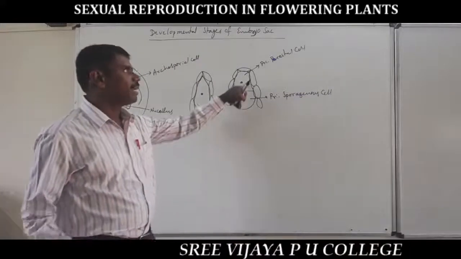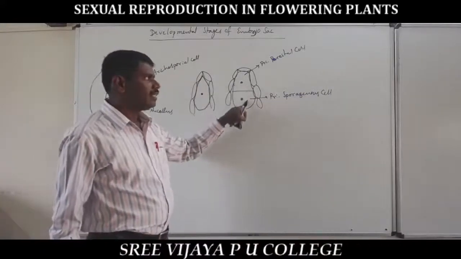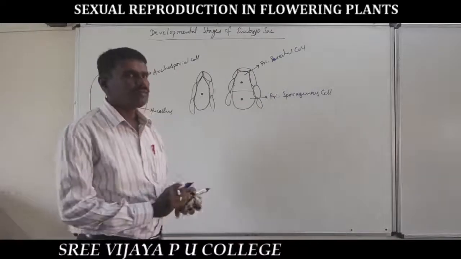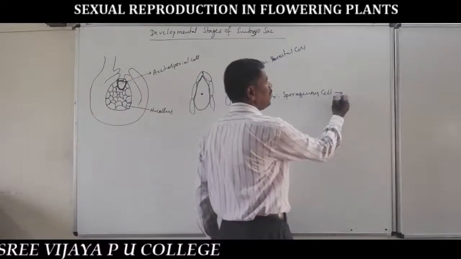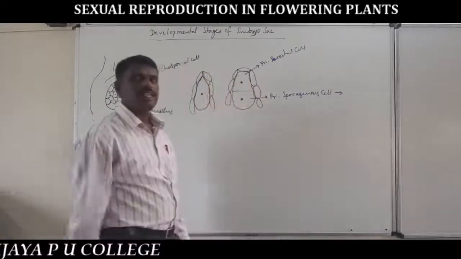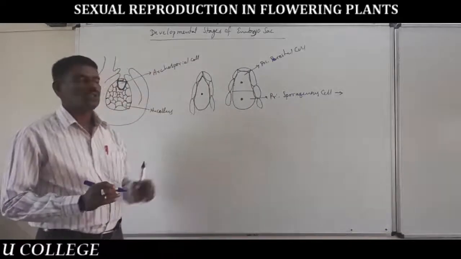These outer parietal cell and inner primary sporogenous cell, the sporogenous cell takes part in the production of the embryo sac.